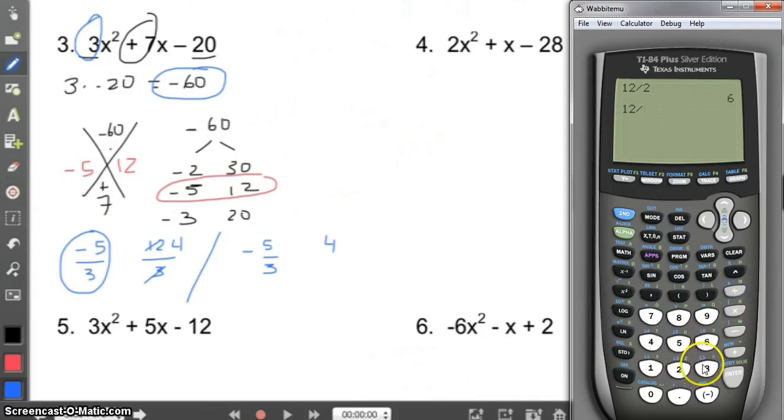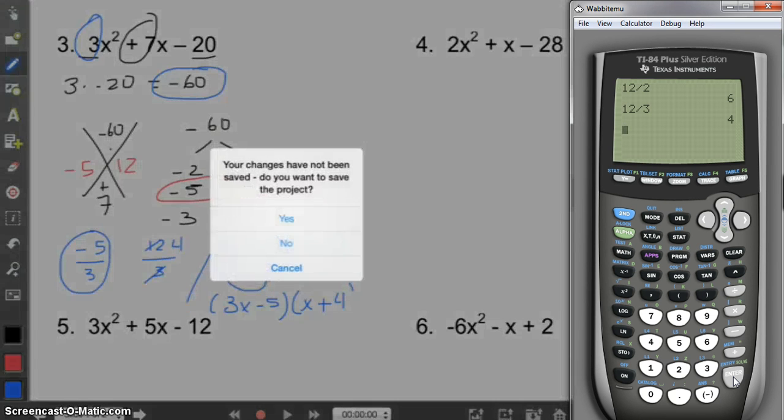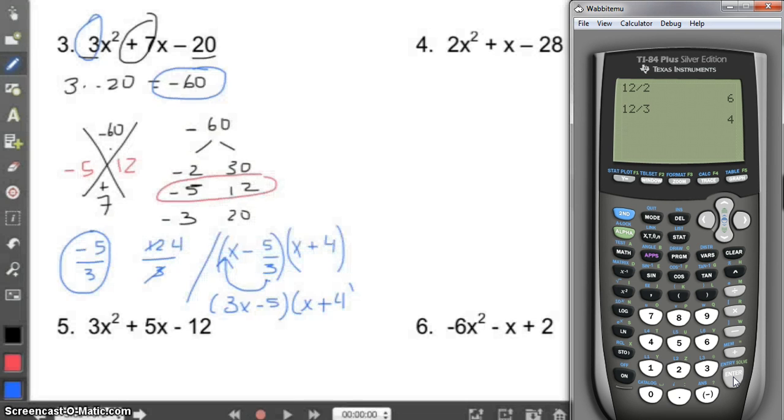So what now you do is you put x in front of those two numbers and you close the parentheses. You cannot have a fraction, so bottoms up, it's 3x minus 5 and 2x plus 4. These are your two factors.